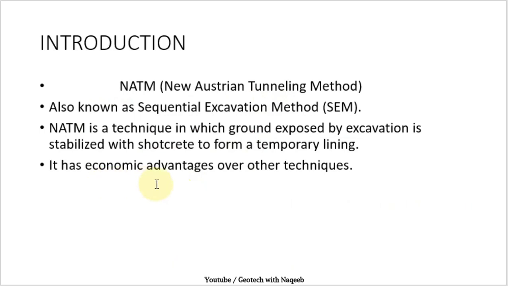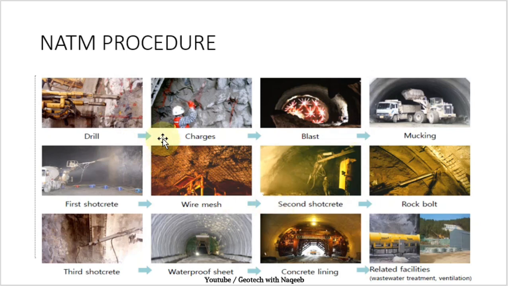These are the steps in which NATM excavation is carried out. You can see first the drill is performed, then the charge, then blast, and then mucking. The mucking means after the blast, the material is carried out in trucks or loaders, you can say. This procedure is called mucking.